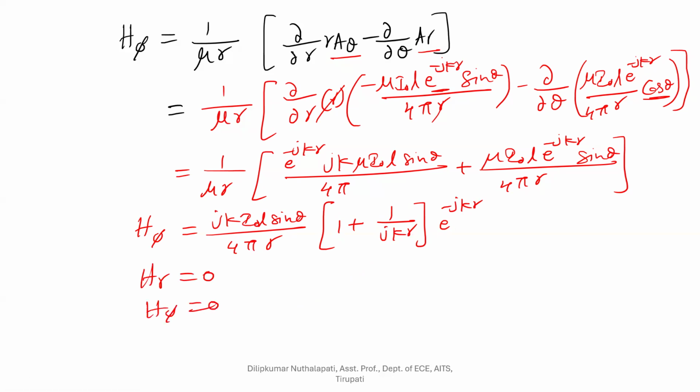So this is the derivation that we have obtained: the magnetic field strengths for the small current element, or infinitesimal dipole, or Hertzian dipole. Now let us see the electric field strength for the same current element or infinitesimal dipole.